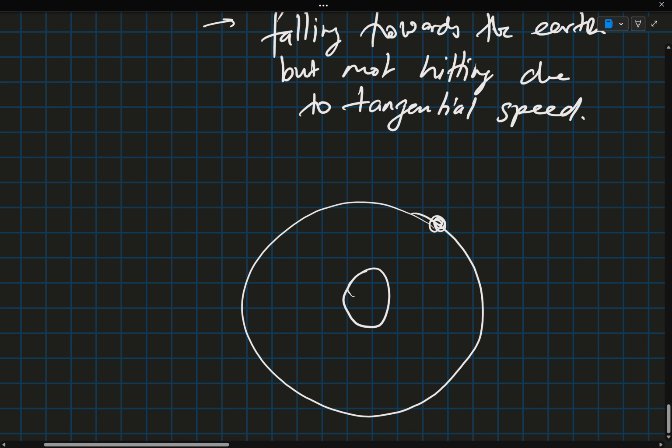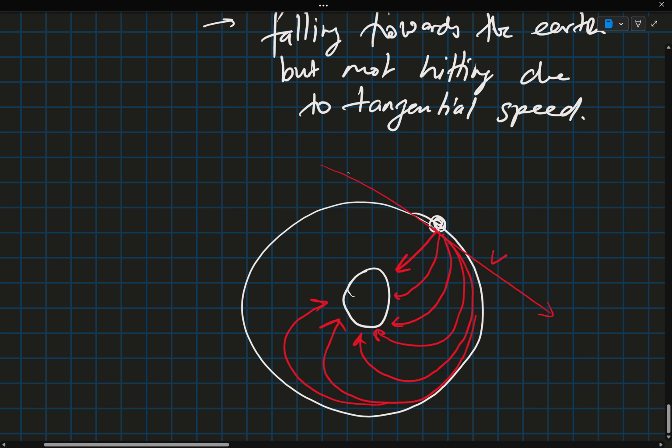So it's like they're continuously falling towards the Earth, but they're never actually hitting the Earth. So it's something like this, continuously falling towards Earth, but never hitting the Earth because of their tangential speed, right? So that's why they experience this apparent weightlessness, right?